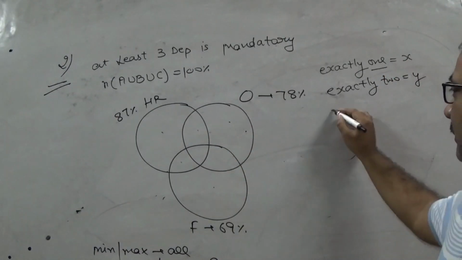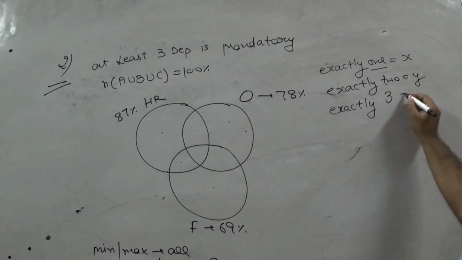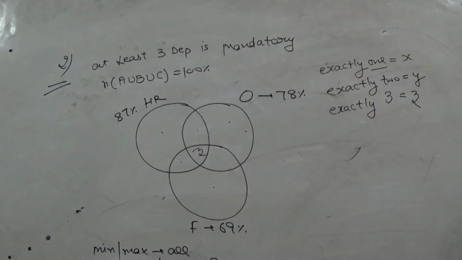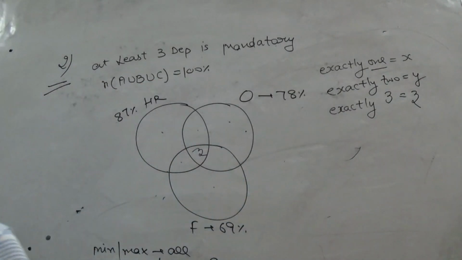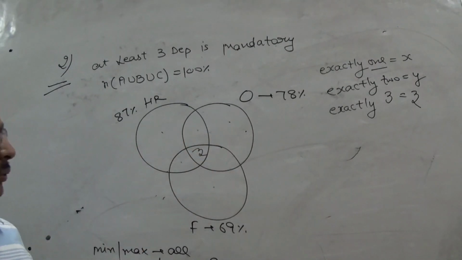And exactly three departments is equal to z, meaning this section we have assumed to be z. Just try to observe what I have done. It's a very specific type of question. So first we have assumed persons working in exactly one department is x, exactly two departments is y, and exactly three departments is equal to z.